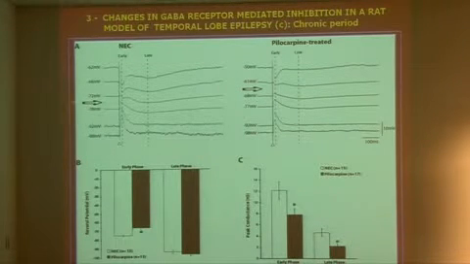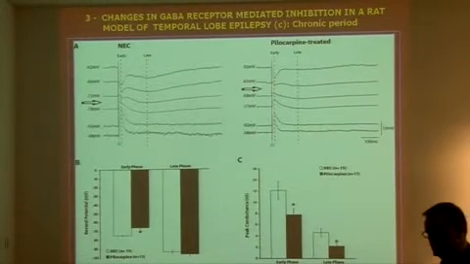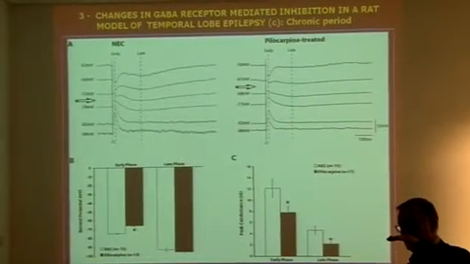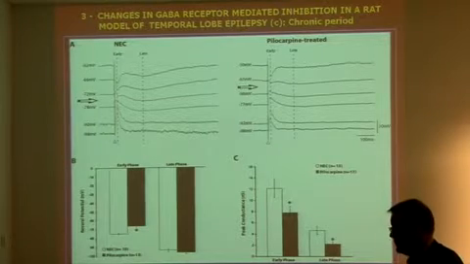You see a shift towards the depolarizing direction of the reversal potential of the IPSP, meaning that the IPSP is less able to clamp the membrane down.